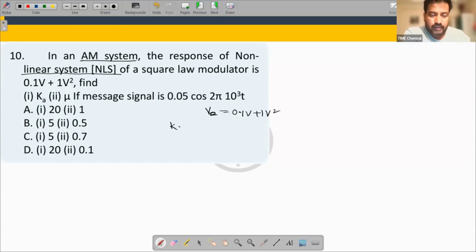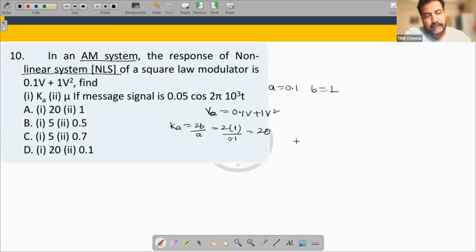Find Ka. Ka is 2B by A. From this, A is 0.1, B is 1, 2 into 1 by 0.1.